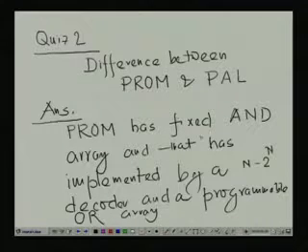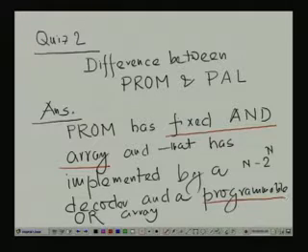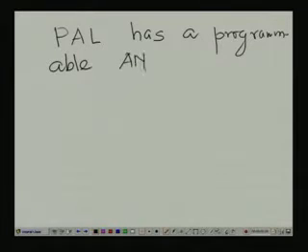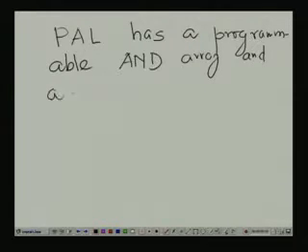So, the main thing is that PROM has a fixed AND array and a programmable OR array, whereas the PAL, or programmable array logic, is totally reverse. It has a programmable AND array and a fixed OR array.